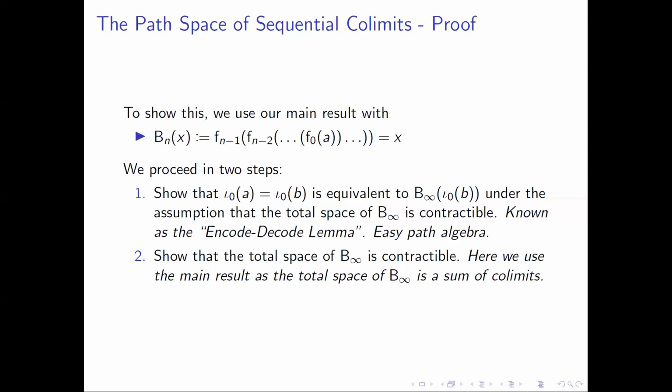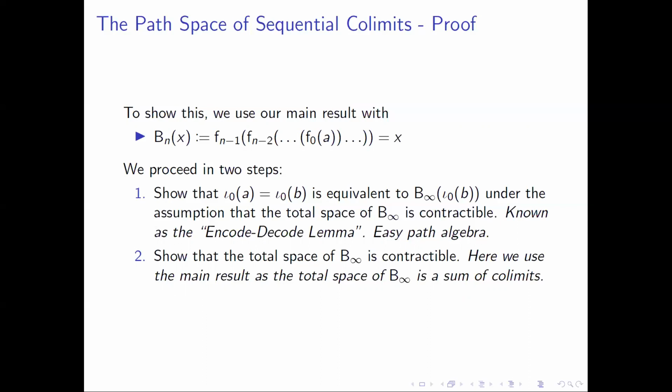And so the proof proceeds in two steps. So first we invoke the so-called encode-decode lemma, which I believe is a technique that's originally due to Dan Licata, and it's very easy to prove. We show that assuming that the total space of B-infinity is contractible, then the type that we want to characterize, the type of paths from the injection of a to the injection of b, is in fact equivalent to the fiber of B-infinity over the injection of b.